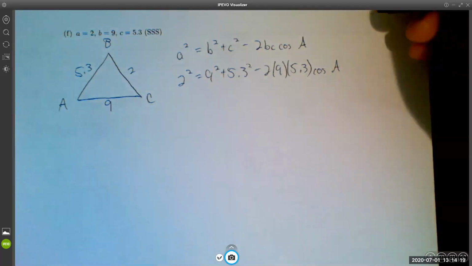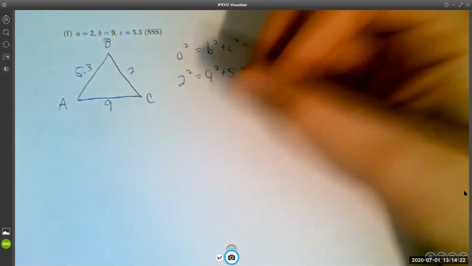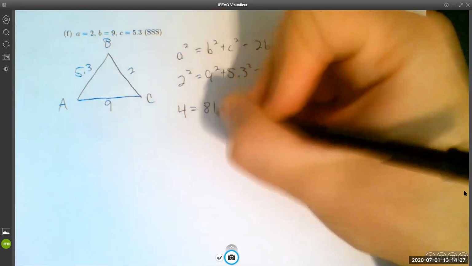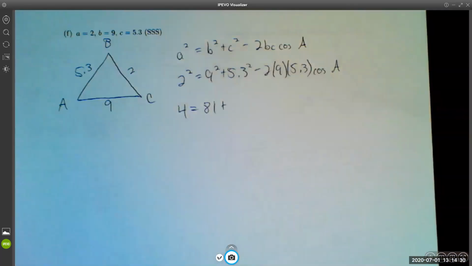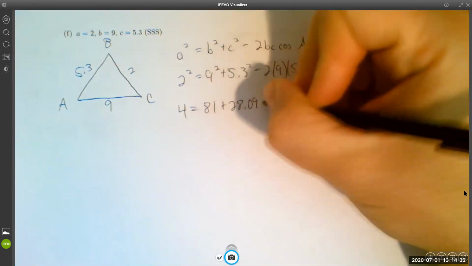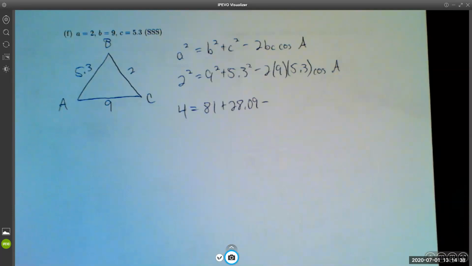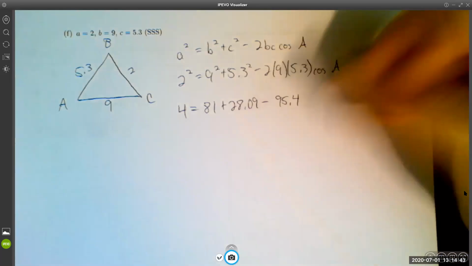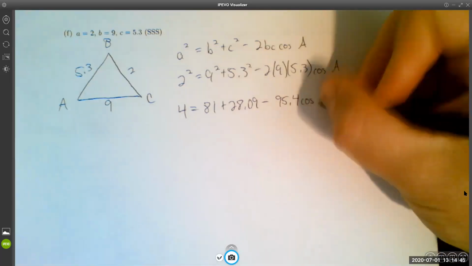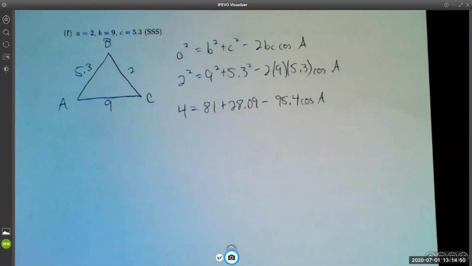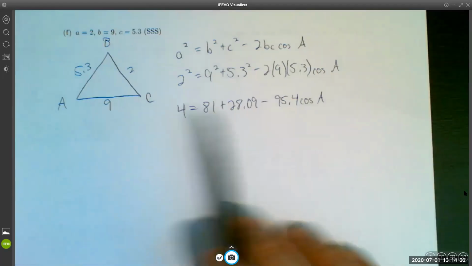So here we go. To simplify all this, 4 equals 81 plus 28.09 minus 95.4 cosine A. These things you can combine: 81 plus 28.09 is 109.09, and then I'm going to subtract that from 4.